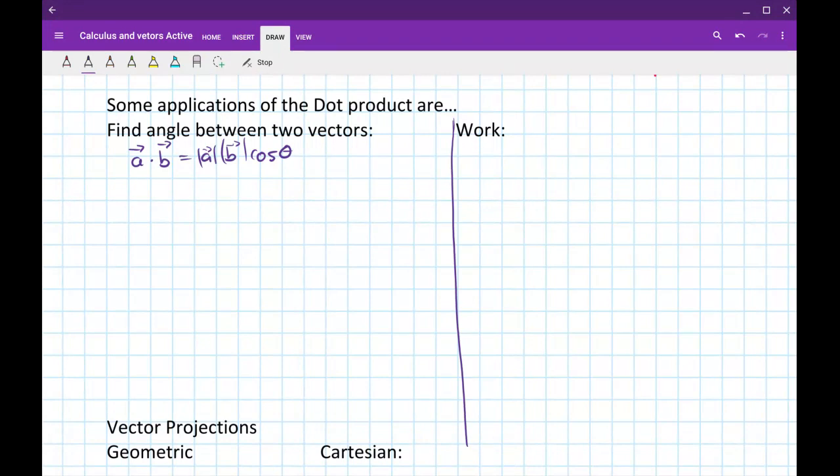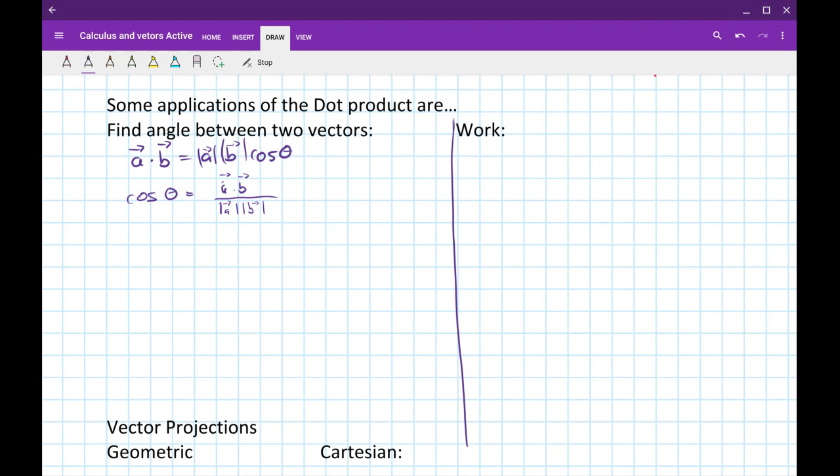So if I algebraically isolate for it, I can see that I end up with cosine theta equals A dot B over the magnitude of each. And that is going to be our angle between them.